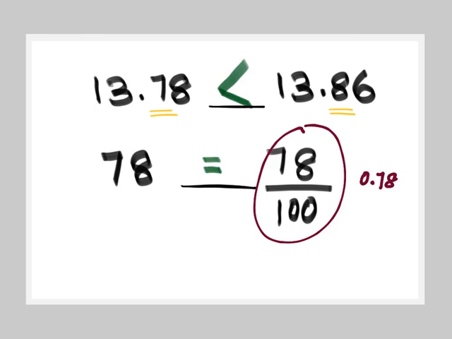So when 78 divided by 100 is 0.78, we should put the sign as 78 is not equal to 0.78.